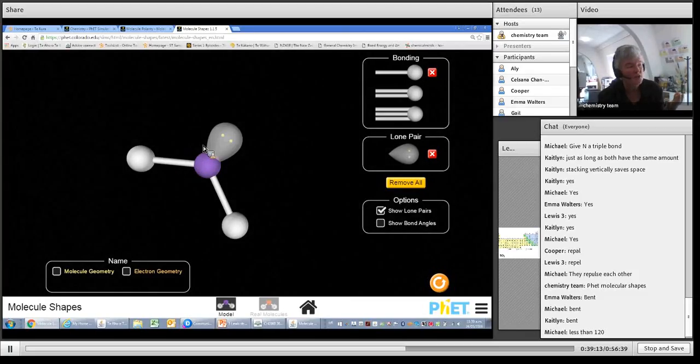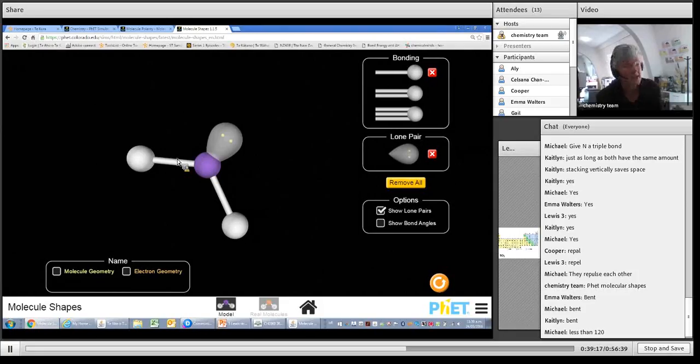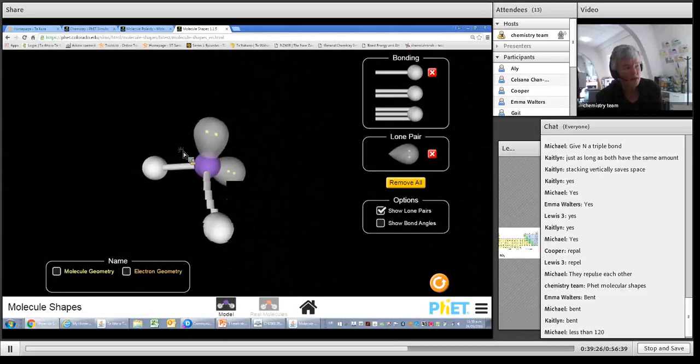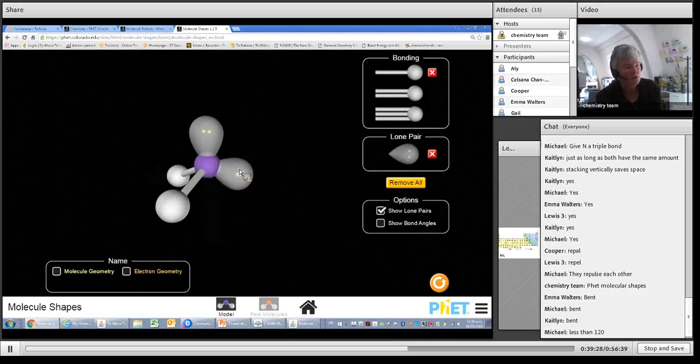So because I've got 3 areas of negative charge, the electron geometry is trigonal planar, and so my bond angle will be 120 degrees.